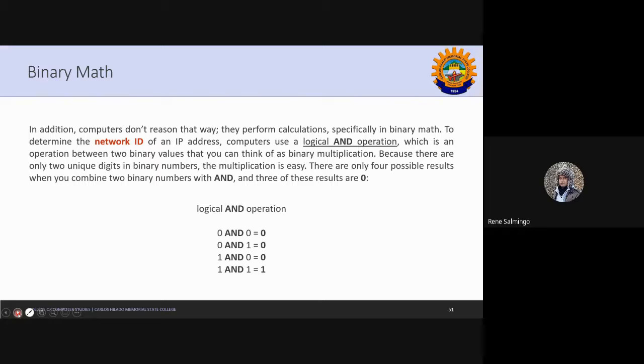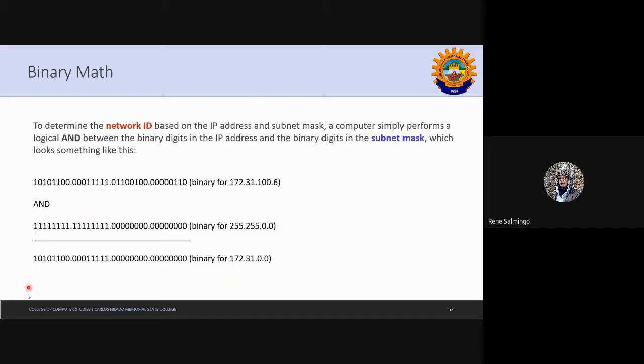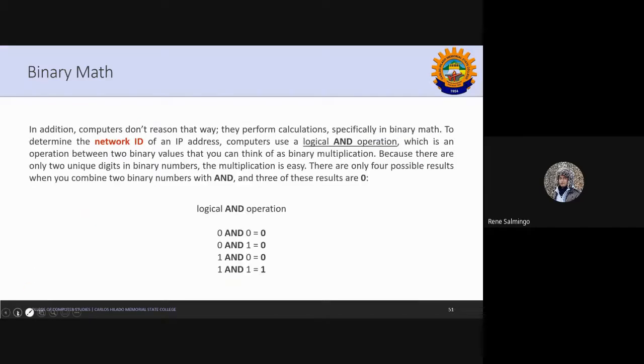And if you have the same ones, you have ones. So that's how we perform logical AND. 0 and 0 equals 0. 0 and 1 equals 0. 1 and 0 equals 0. And 1 and 1 equals 1.